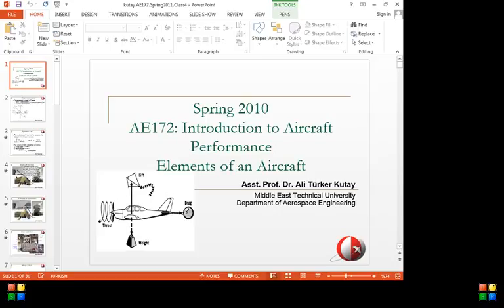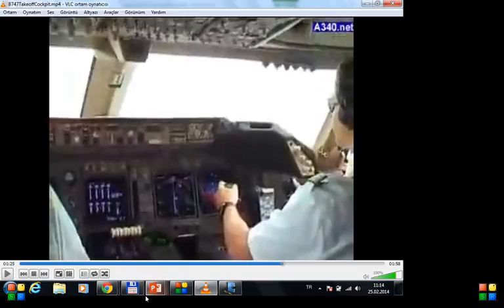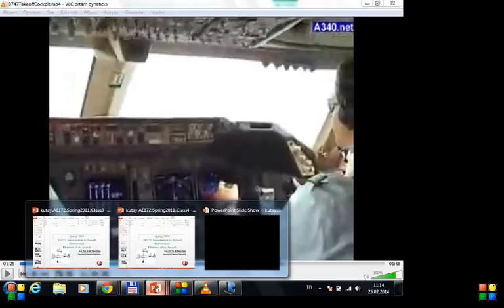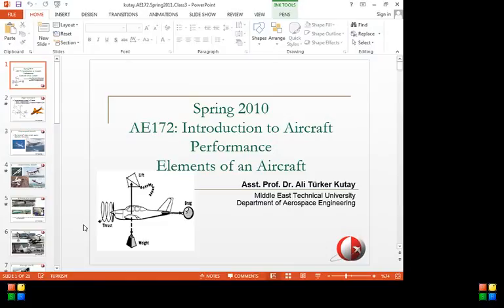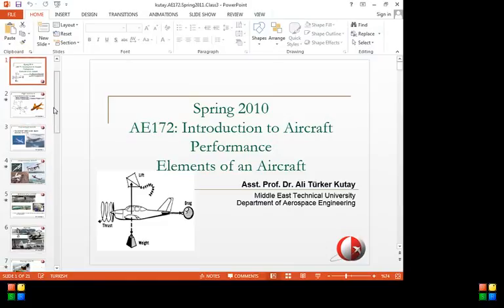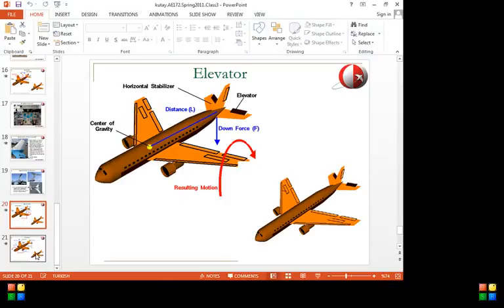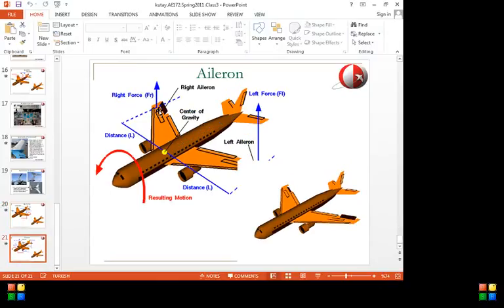So basically, for roll control, you need to arrange forces such that you get a net rolling moment, right? So let me just go back to that diagram here. You need to somehow make forces such that you get a rolling moment.